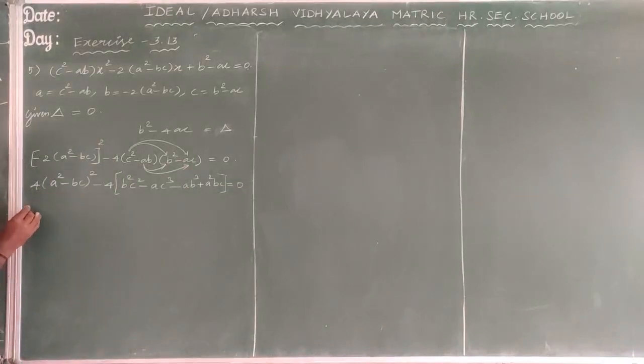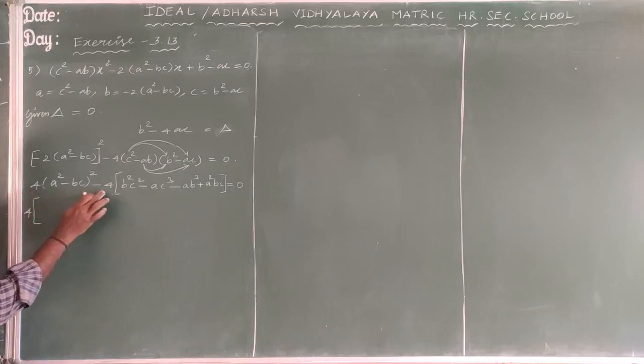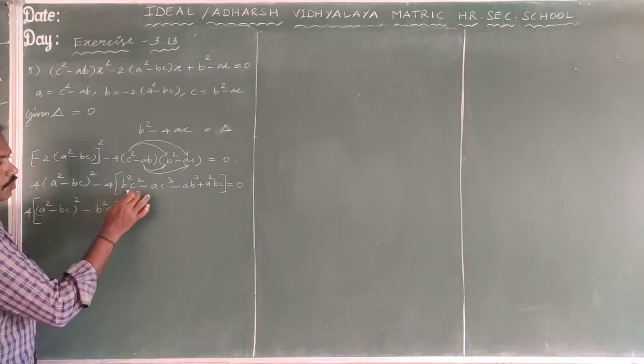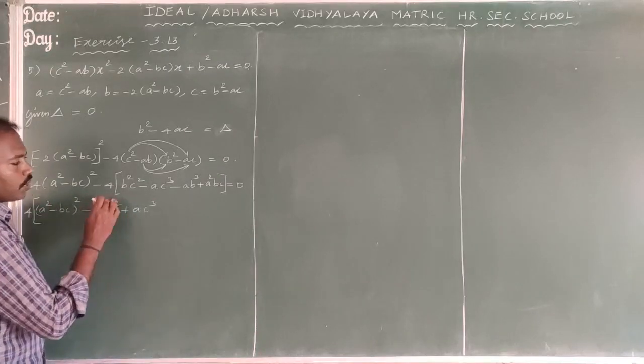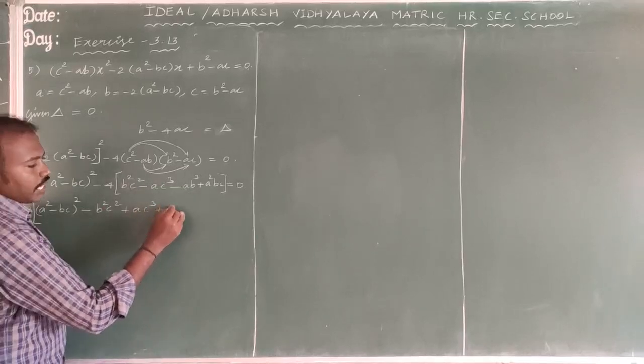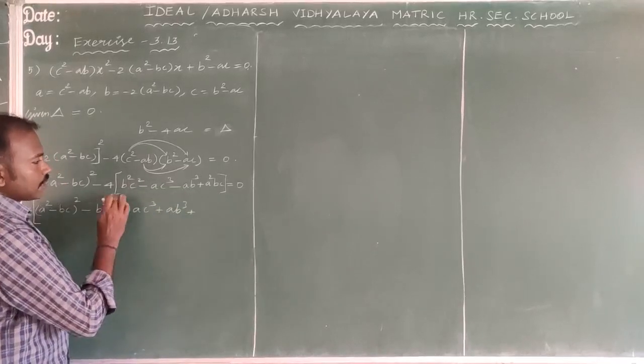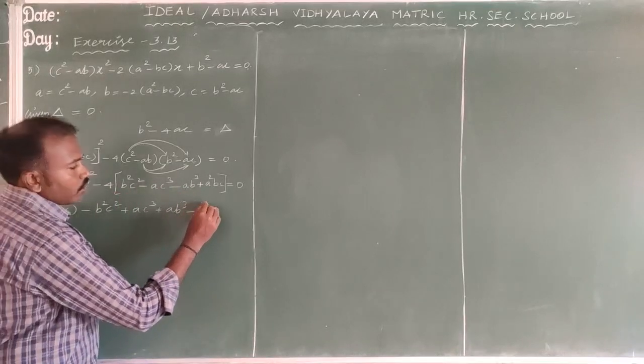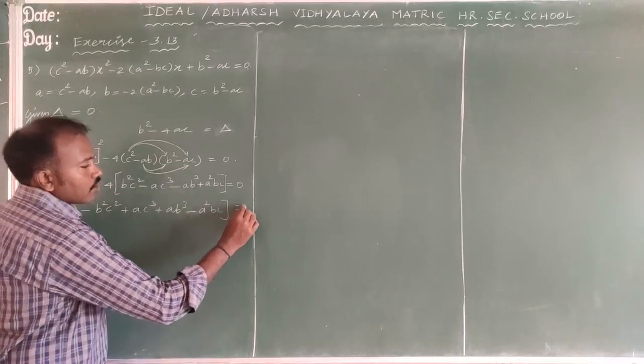Here taking 4 as common, then (a square minus bc) the whole square minus b square c square plus ac cube plus ab cube minus a square bc is equal to 0.